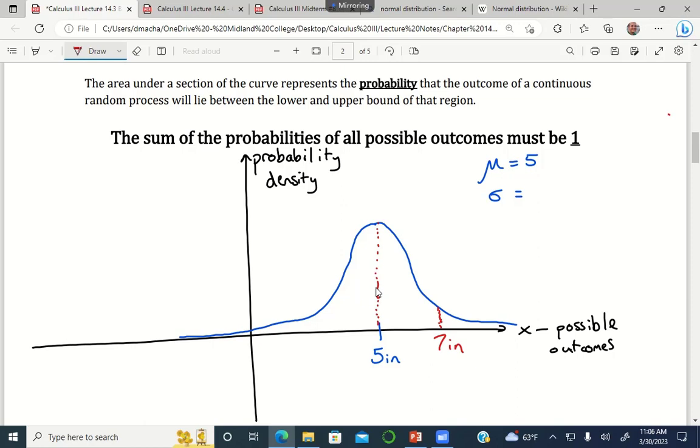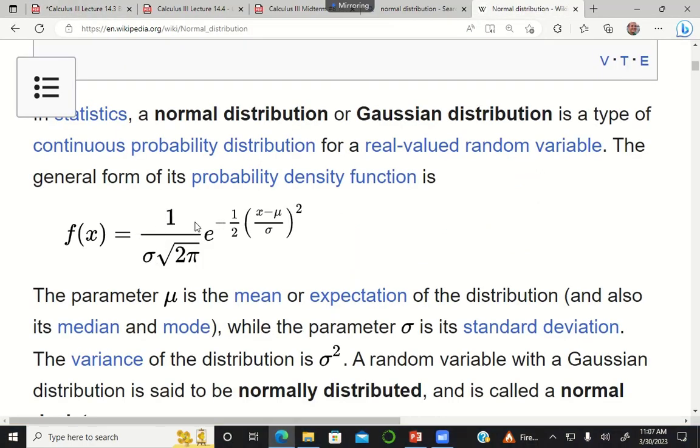The answer to that question is the area under this curve. And the area under the curve is what we would calculate using an integral. So by taking integrals of the normal distribution probability density function, we can calculate probabilities.